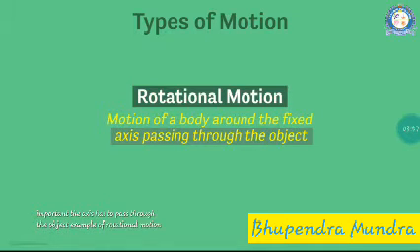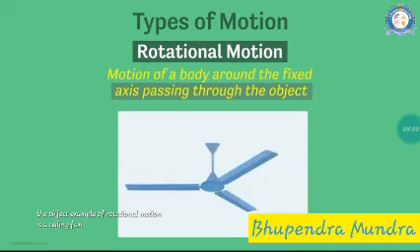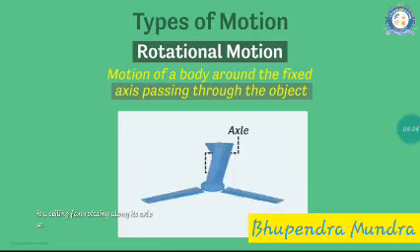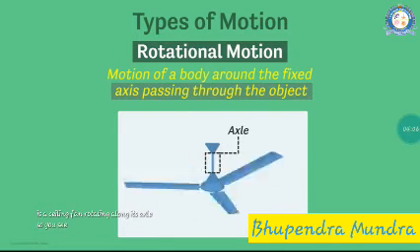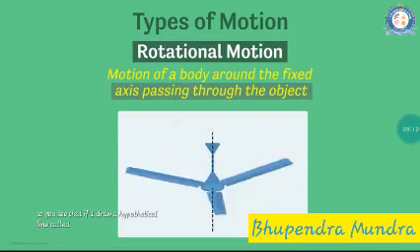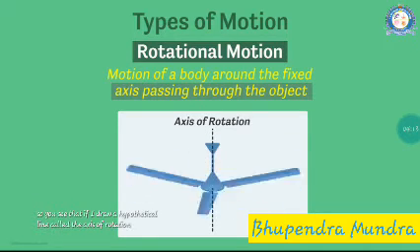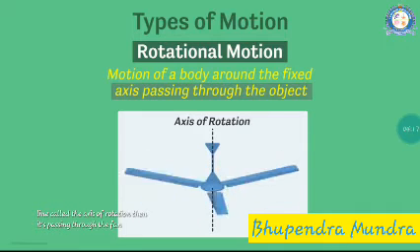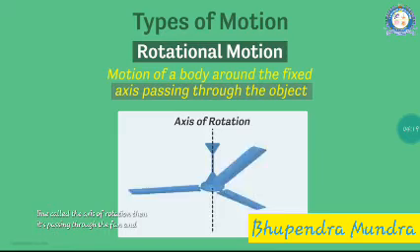Example of the rotational motion is a ceiling fan rotating along its axle. So you see that if I draw a hypothetical line called the axis of the rotation, it's passing through the fan.